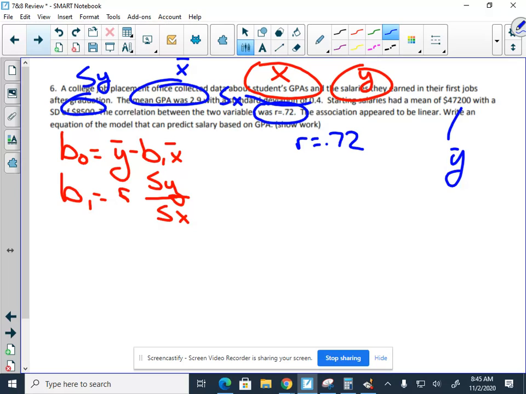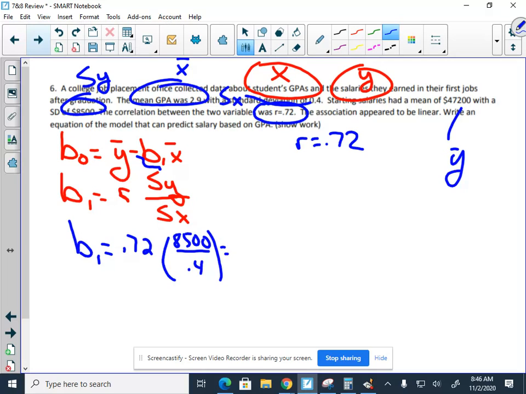Okay, so what we need to do is put these in. Now, in the lesson, what you usually start with is B1 because you need B1 in this equation in order to be able to do that one. So B1 is R, 0.72, times S of Y. So S of Y, we look for that. That's the standard deviation of the Y variable over S of X, which is 0.4. And we calculate that.